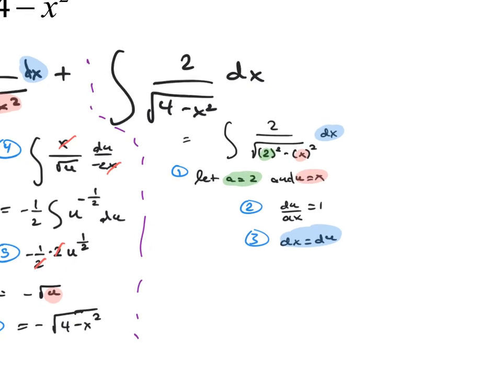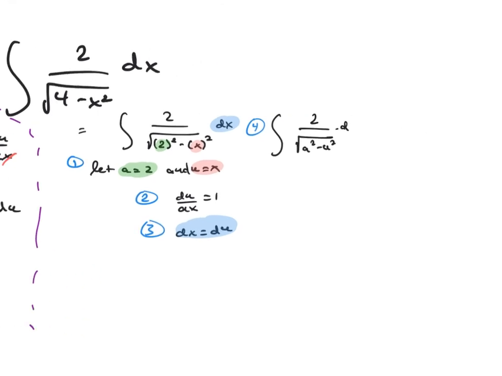So when I do that, let me go to step 4 here, I end up with the integral of 2 over the square root of a squared minus u squared times du, which is equal to 2 times the integral of du over the square root of a squared minus u squared, which is exactly what one of our inverse trigonometric functions were.